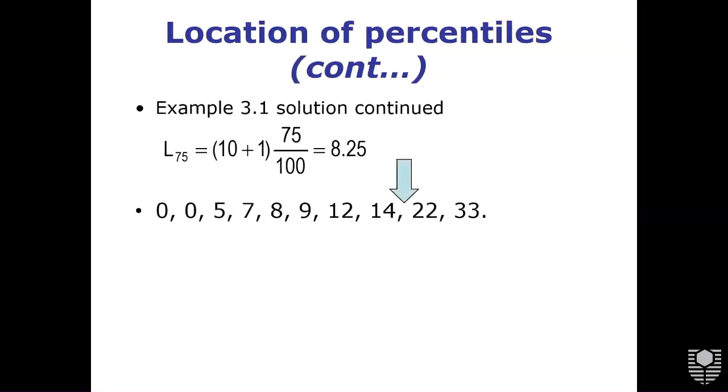So between 14 and 22, right? 14 and 22. 8 and 9. So that's how to calculate location. Apply the formula and then decide between which locations, and just put the arrow between that one.